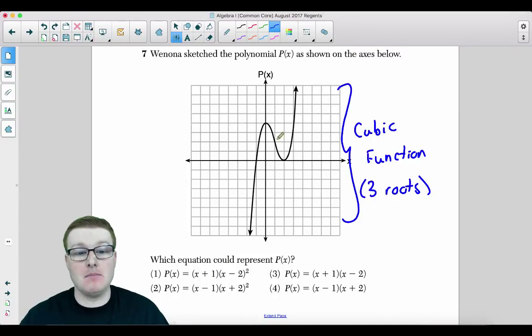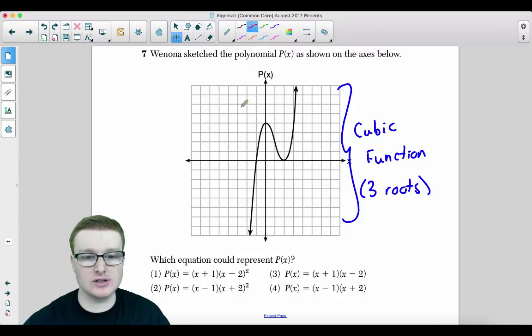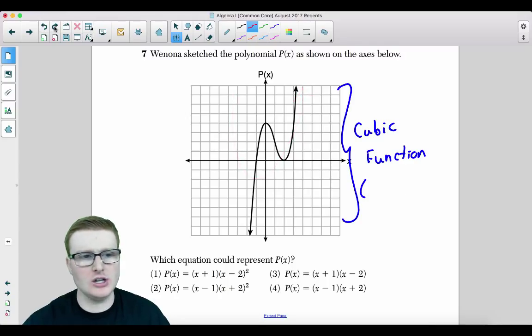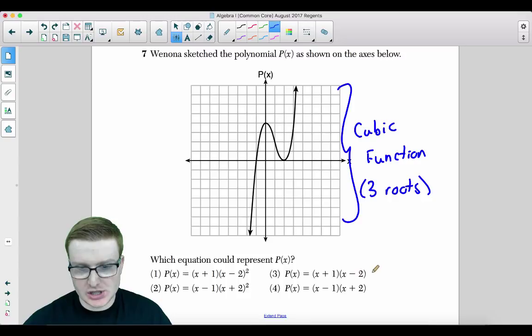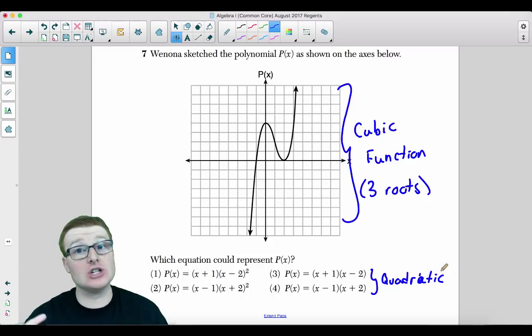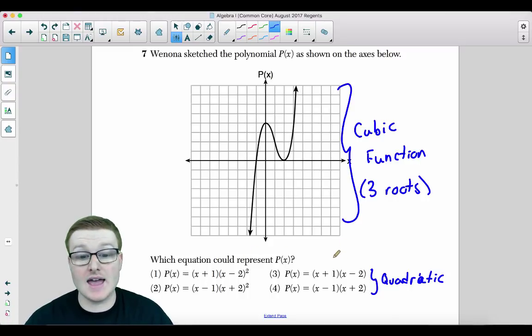Okay? But, you could tell that it's a cubic function because a quadratic looks like this. Okay? It's not a quadratic. And let me explain why I'm saying all this stuff. Look at your answers. Choices 3 and 4 show a quadratic function because if you just simply FOIL or distribute, you're going to get an x squared term in both of these.